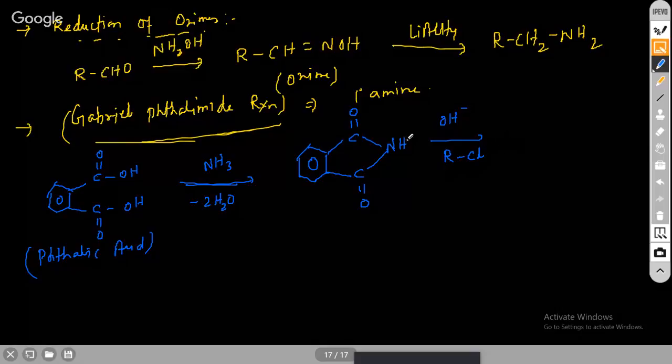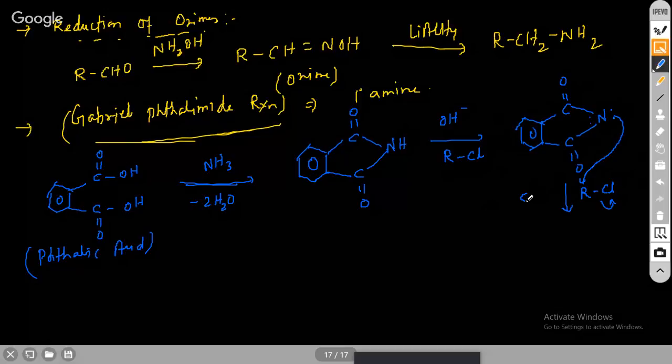So what happens? This base will take this H plus from here, and H2O goes out. Right, and this gives you RC=O, C=O, attached with nitrogen with two lone pairs on this nitrogen atom. Now this lone pair of nitrogen attacks onto the alkyl group of RCl that we are using here, and Cl minus comes out as a leaving group.